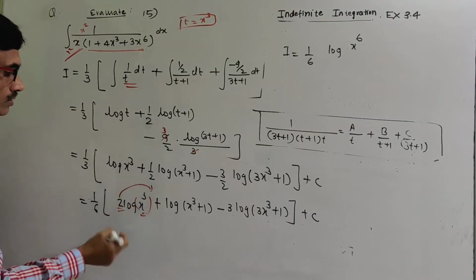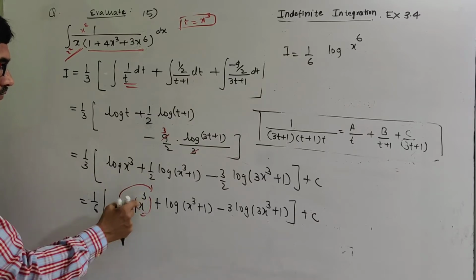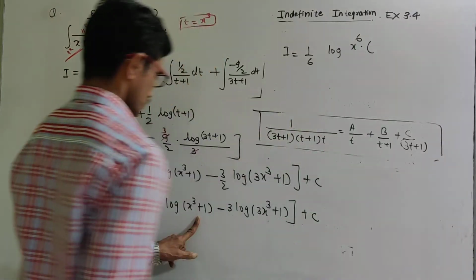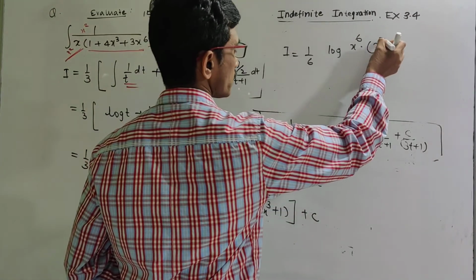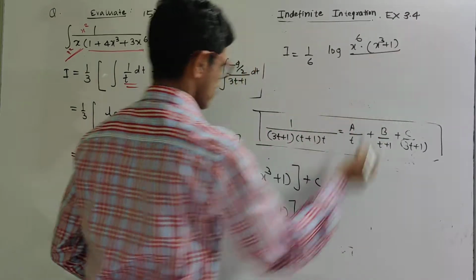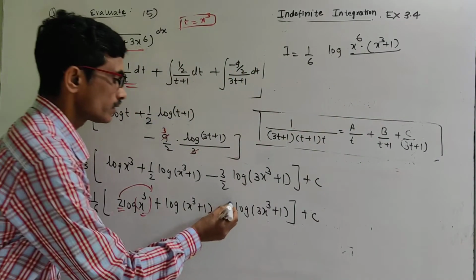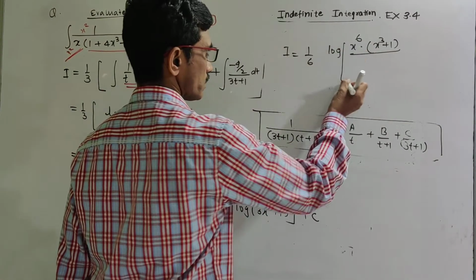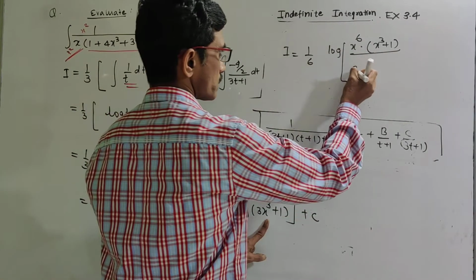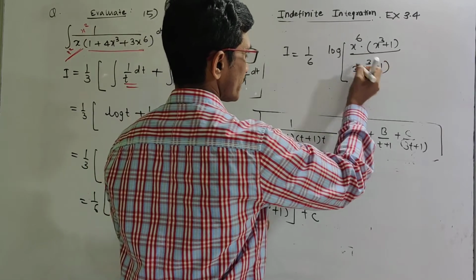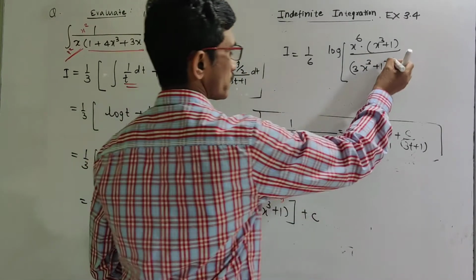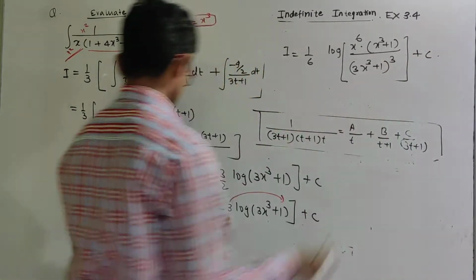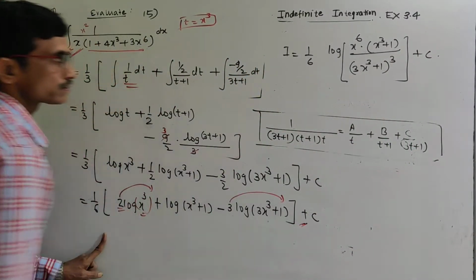So this power will go here and it becomes x raised to power 6 into x cube plus 1 upon 3x cube plus 1 raised to power 3. So in this form also we can put the answer. Yeah, this answer is sufficient.